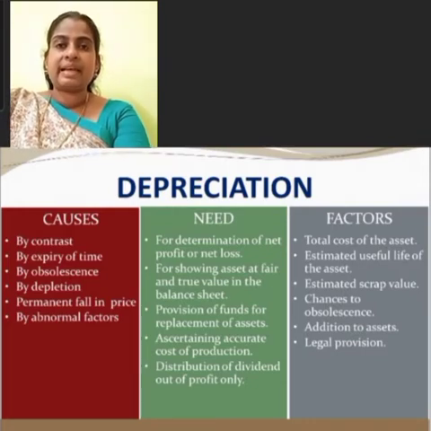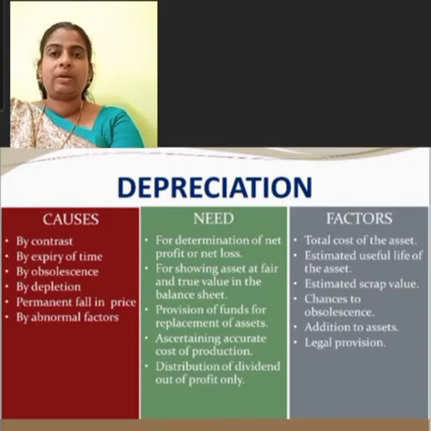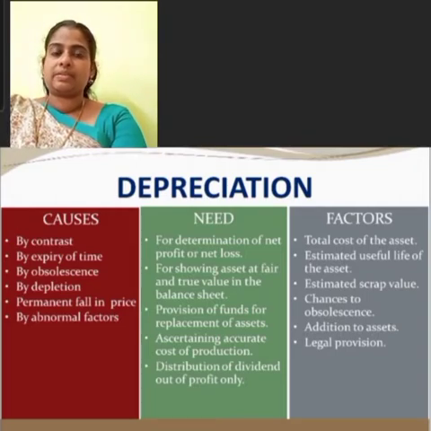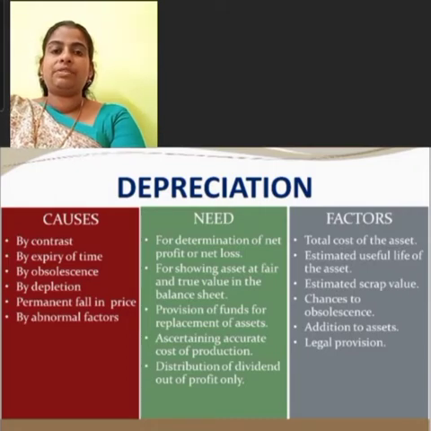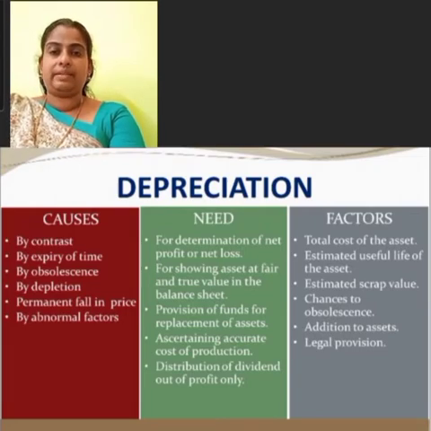If certain lease has been obtained for 20 years for rupees 1 lakh, it will lose its 1 by 20th, that is rupees 1 lakh into 1 by 20, that is rupees 5,000, value at the end of the first year and so on. At the end of the 20th year, it will become valueless.